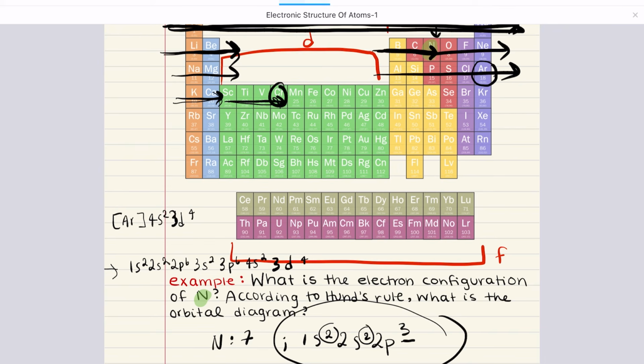However, actually moving one electron from the 4s subshell to the 3d subshell will allow the 3d subshell to be half filled. So if one electron moved from here to here and we would have 4s1, 3d5, this would result in a half-filled orbital. Remember, the d shell has 5 orbitals, 5 orientations.